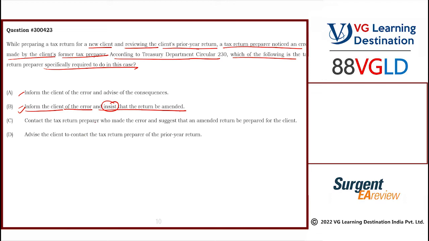You can advise that, you can inform of the consequences, but you cannot insist. If it says insist, this is not the answer. Is that okay, Nidhi? Inform the client of the error, yes. Advise of the consequences, yes. After that, whether the client does or does not, that's absolutely their choice. But you can't push people to do it.